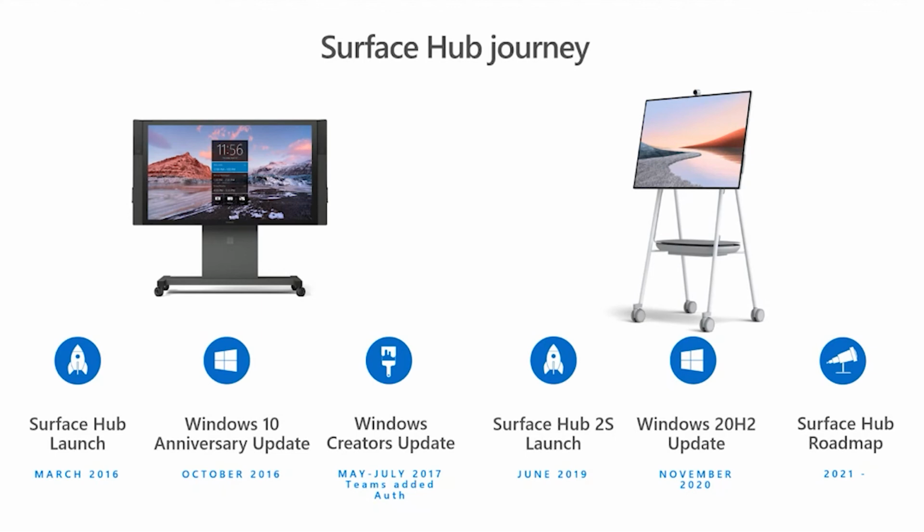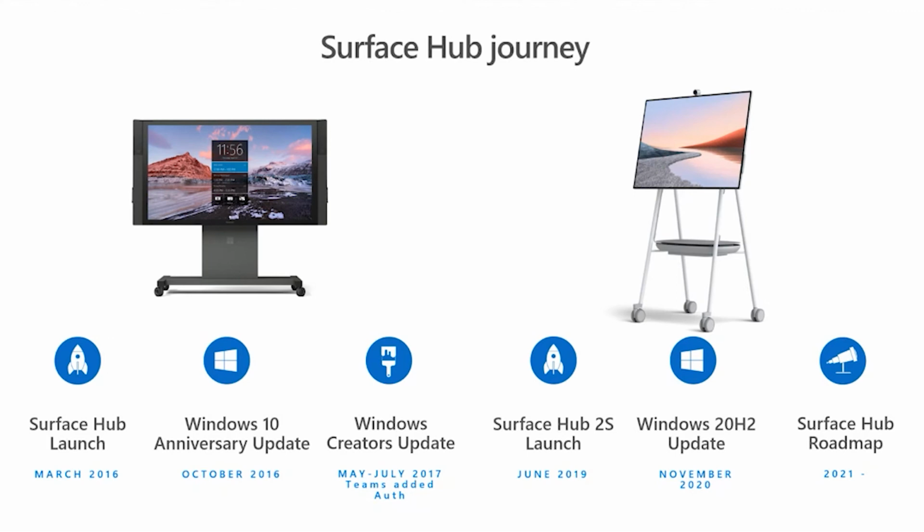Part of the reason why we wanted to do spanning and the ability to span these applications is because at this stage we had made the decision to produce just a 50-inch version of the device. When we launched the Hub 1, there were two options, a 55-inch device and an 84-inch device.